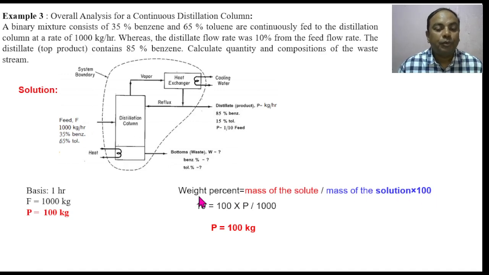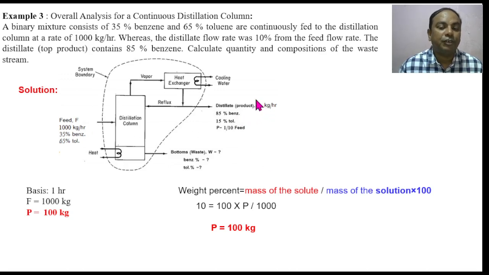We know that the weight percent is given: the flow rate of the distillate going upstream is 10% of that of the feed that enters the distillation column. So 10% is given.